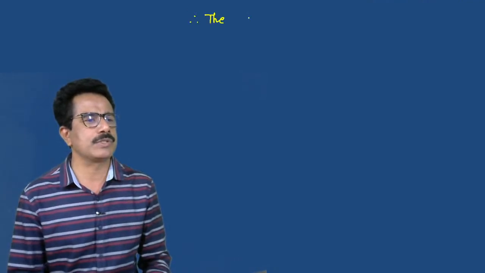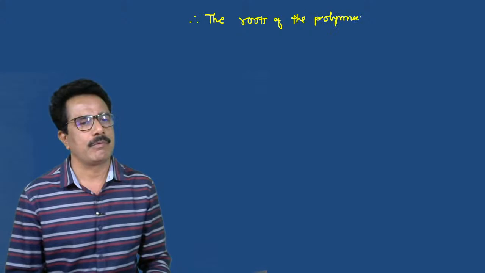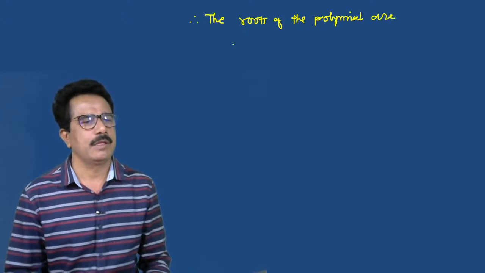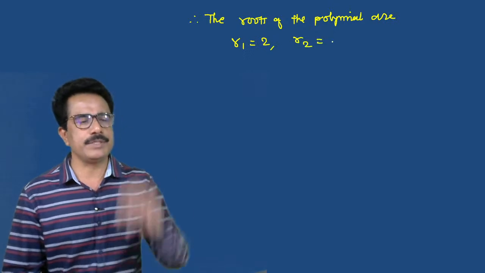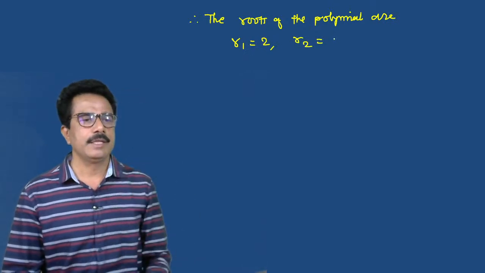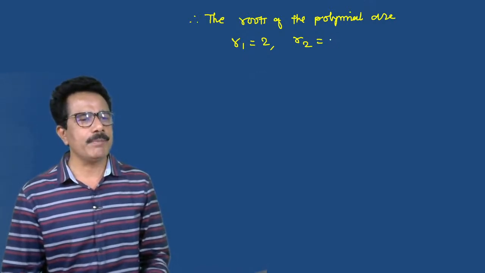So the roots of the polynomial are R1 is equal to 2, R2 is equal to minus 2.